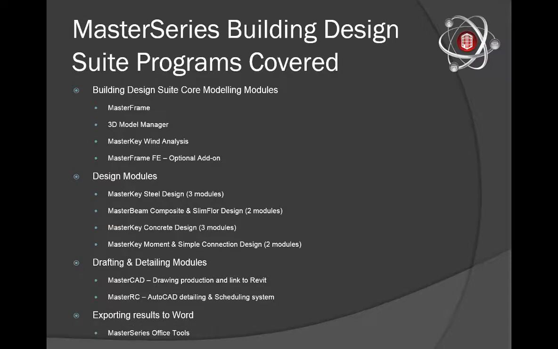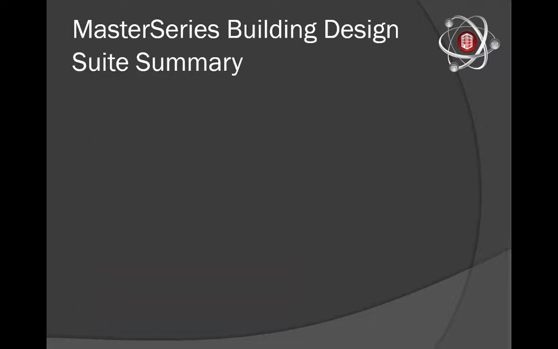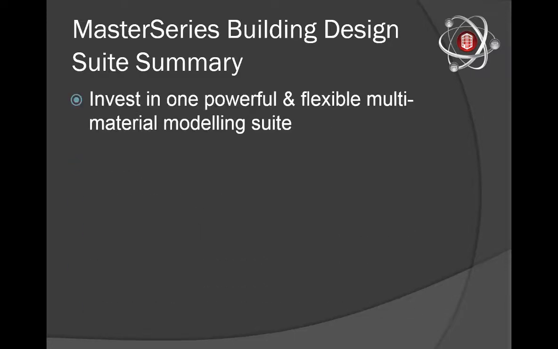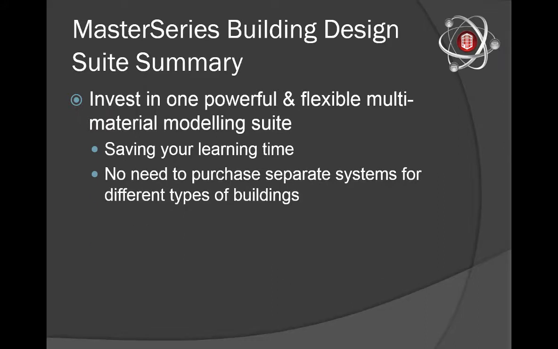We also can export your data results out to Microsoft Office so people can read all your results without having to print any paper. So one model saves you time, no need to purchase separate systems for different types of buildings, and as I said earlier, it's modular and cost efficient.